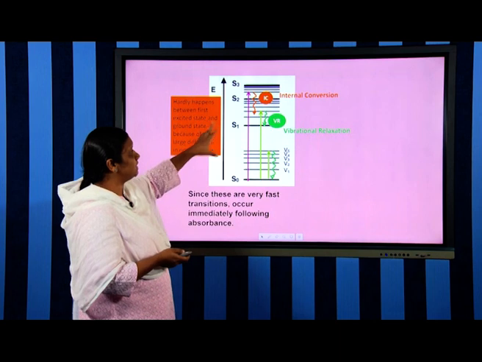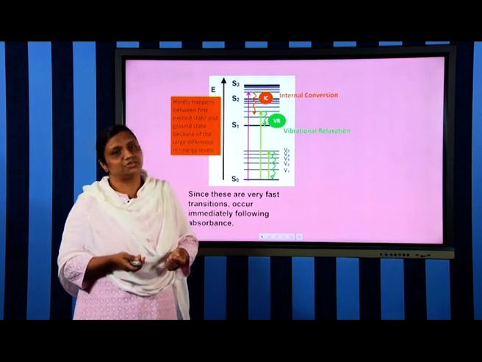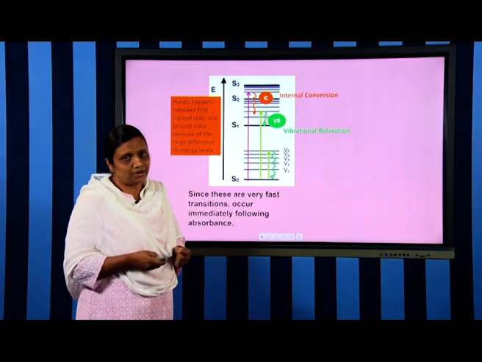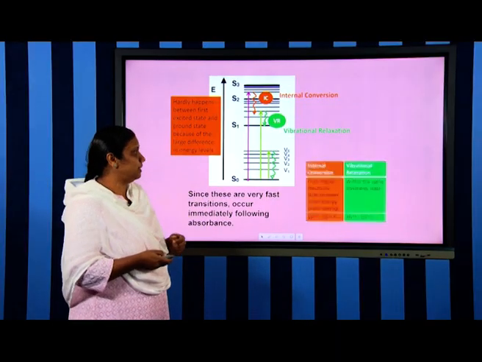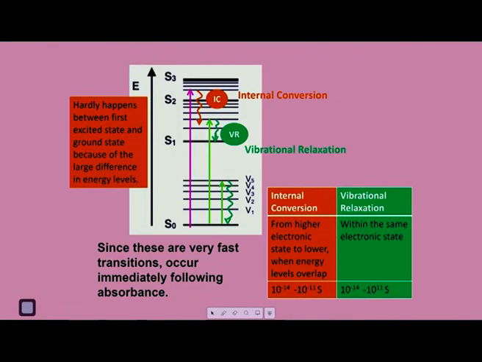These relaxations, the internal conversion and vibrational relaxations, are both very fast transitions. They happen immediately after the absorbance of light. As soon as the light is absorbed, the electron goes to the excited state and comes back quickly down. If we compare internal conversion and vibrational relaxation, there is not much difference in the time taken for the two.